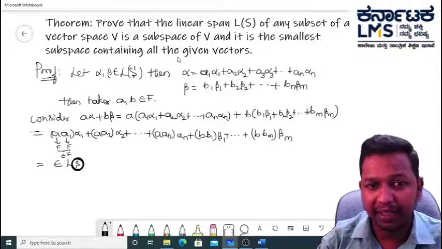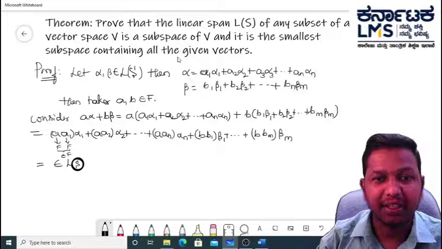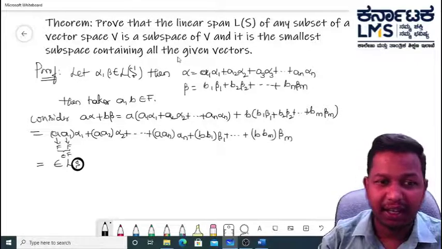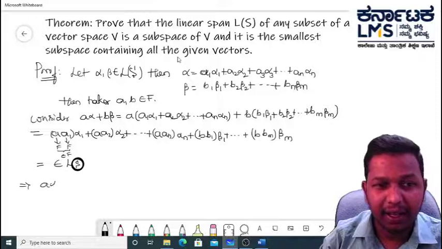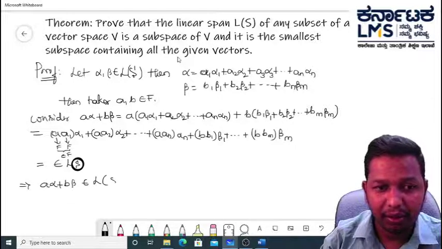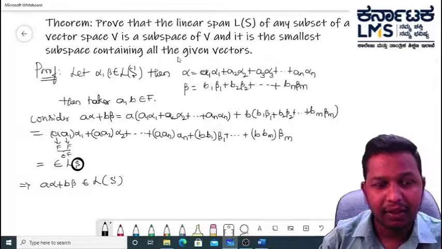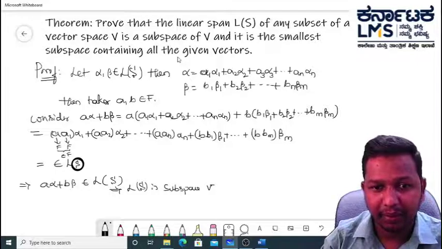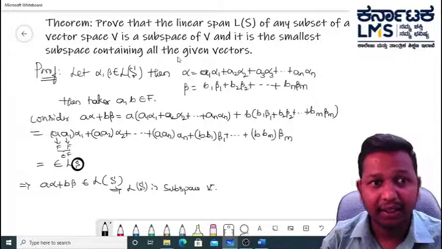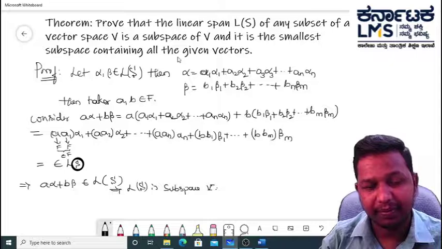This one also looks like a linear combination. Hence, it is an element of L of S, which implies that a alpha plus b beta belongs to L of S. Since this condition is satisfied, we say L of S is a subspace of V.